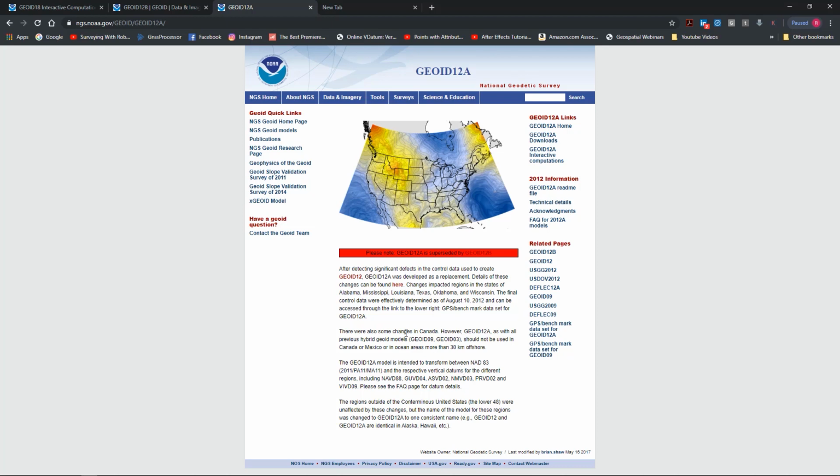It is intended for NAD83 2011, not NAD83 2009 or Geoid model 2009 or anything else. It's made to work with this datum, okay? I wanted to show you that.